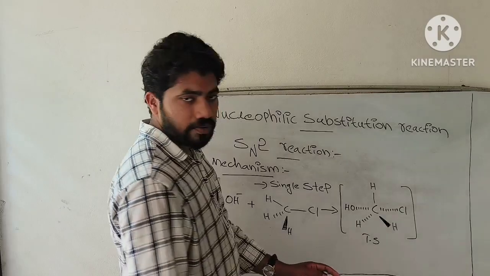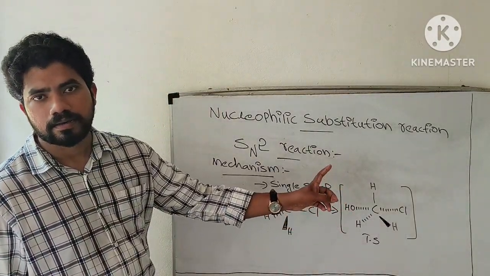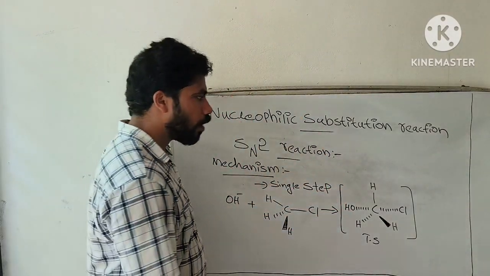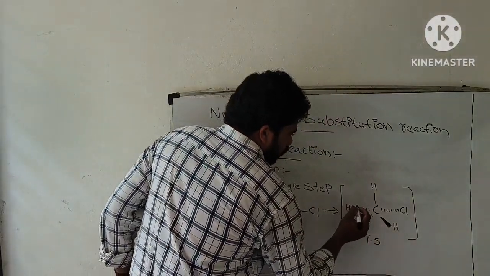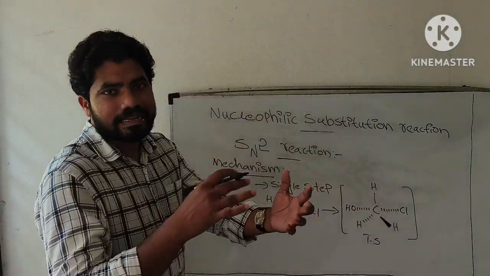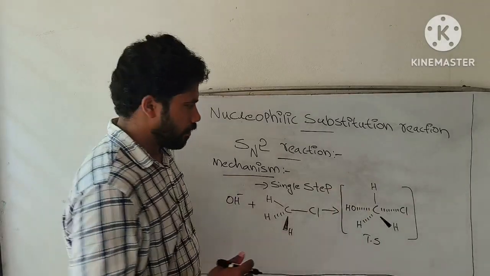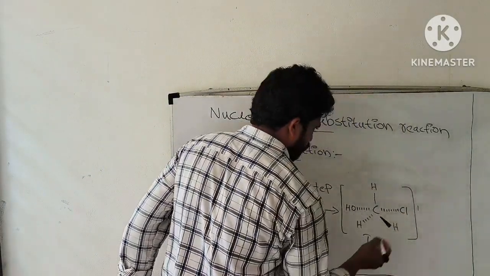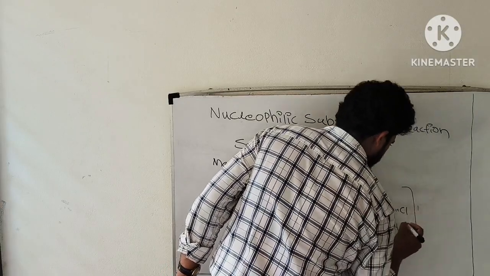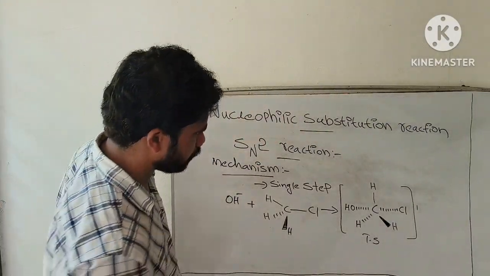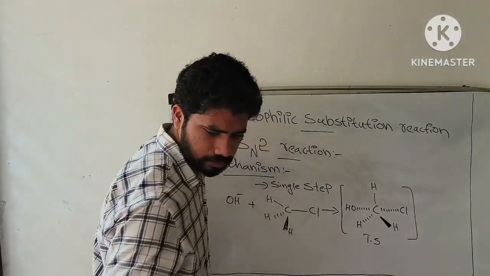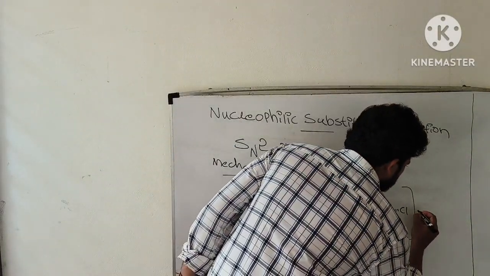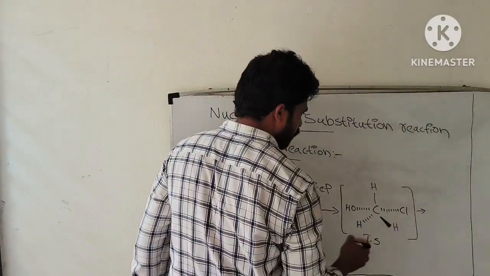And dear students, what will happen next? Next is the product formation. How is it formed? The OH will permanently combine with carbon, so you will get the product. Here is the arrow mark.